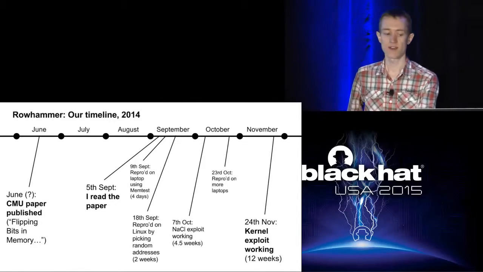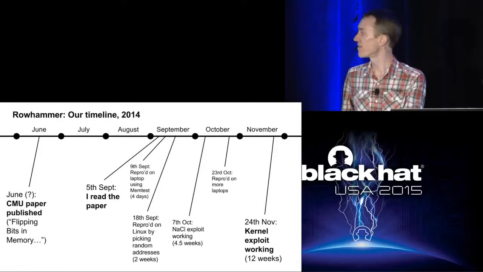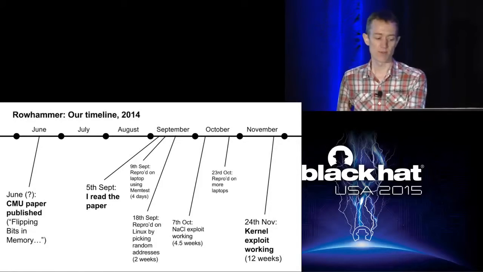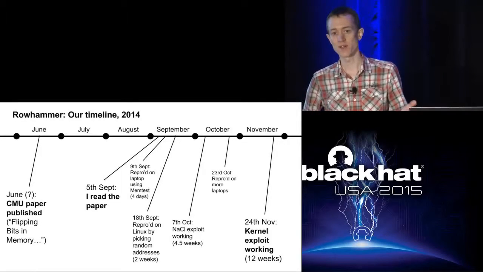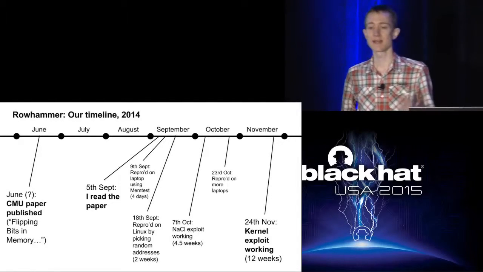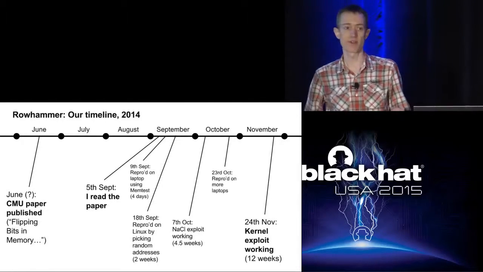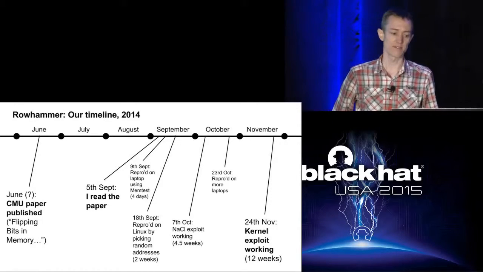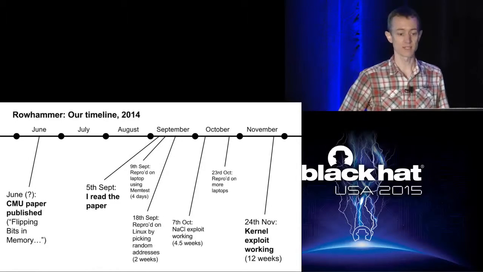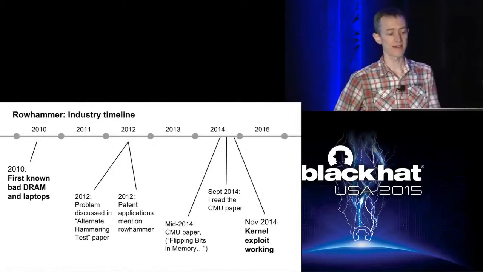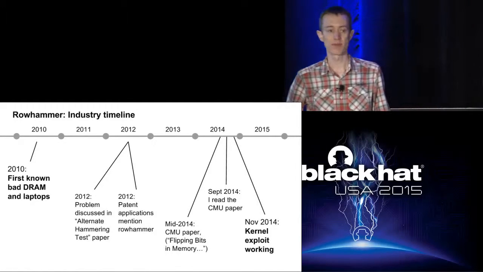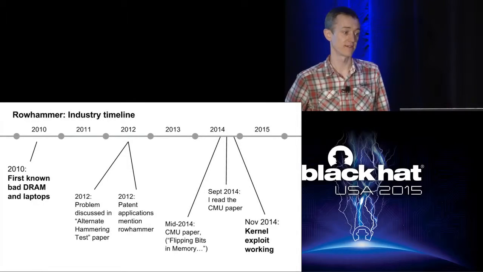About 4 days after reading the paper, I found I could reproduce the problem on a spare laptop that I had. And then about 4 weeks after reading the paper, I had an exploit for Native Client working. And about 12 weeks after, I had a kernel exploit working. In contrast to that timeline, the origins of the problem go back about 4 years earlier.